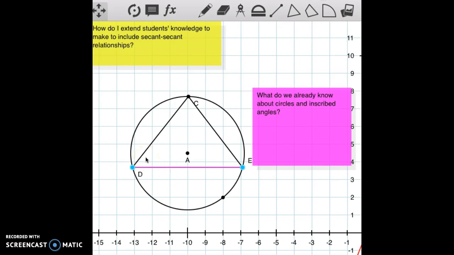And I think they will already understand that, knowing what they already know about triangles and so far with inscribed angles.